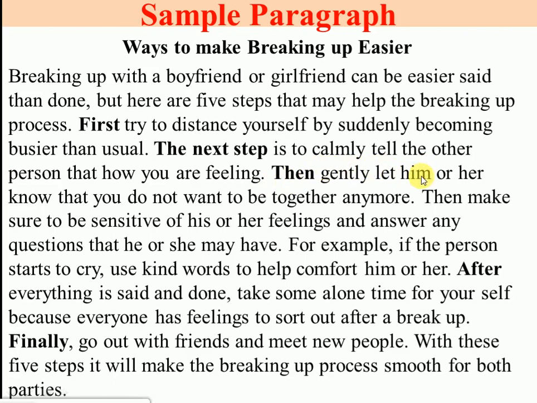Then gently let him or her know that you do not want to get together anymore. Then make sure to be sensitive of his or her feelings and answer any questions that he or she may have. For example, this paragraph also has an example.